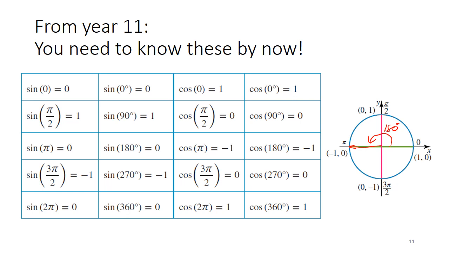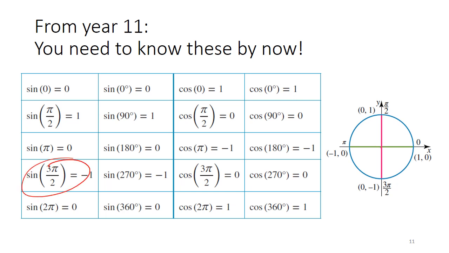What about cos? Cos gives us the x coordinate, but this time we are going in the negative direction, which means cos of pi would be -1. Simple enough.